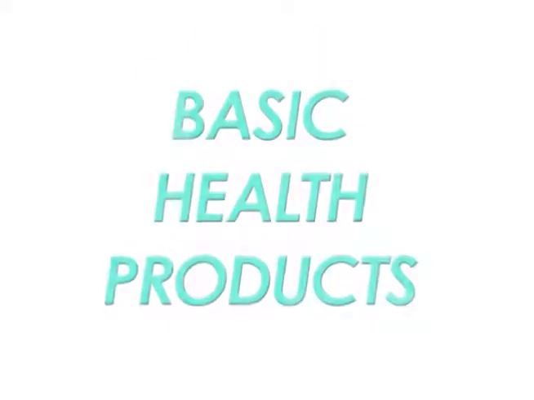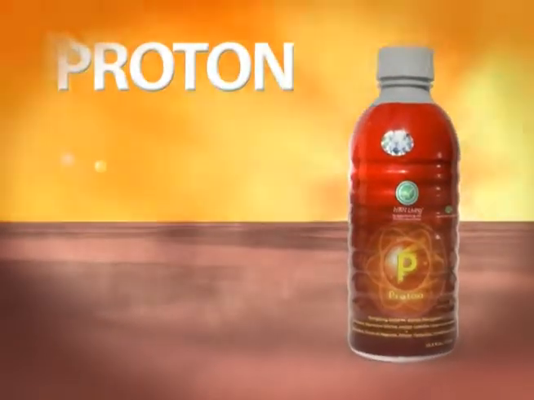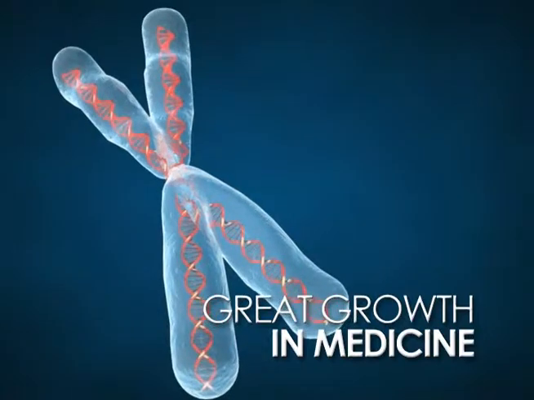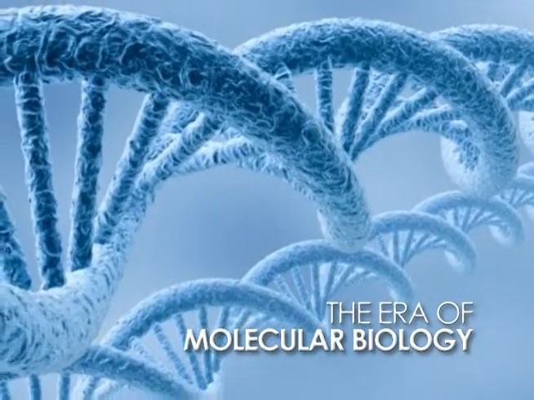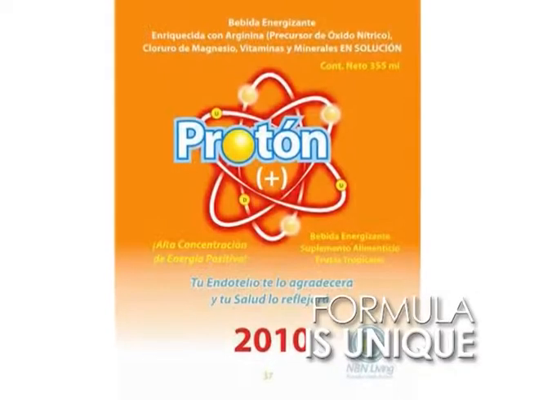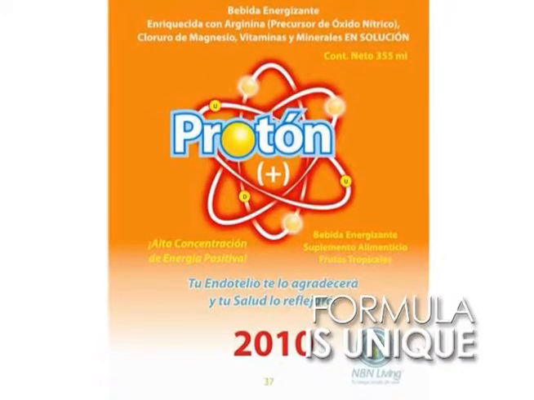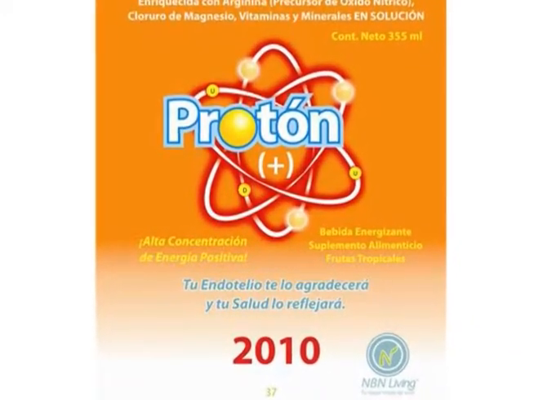Basic health products. Proton. From the spring of 2003, when the human genome was deciphered, there has been a spectacular growth in medicine, and the era of molecular biology and gene therapy was started. The proton formula is unique because it has components working in unknown parts of the cell at the gene and molecular level.